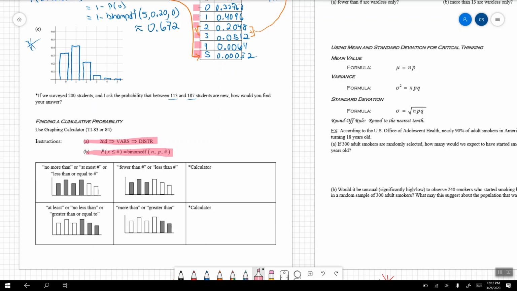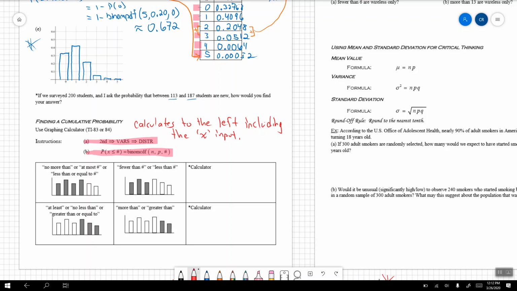Now, when we look at these cumulative probability distributions, we have to be very, very careful, because the binomial CDF automatically calculates all the cumulative probabilities to the left, including the X input.